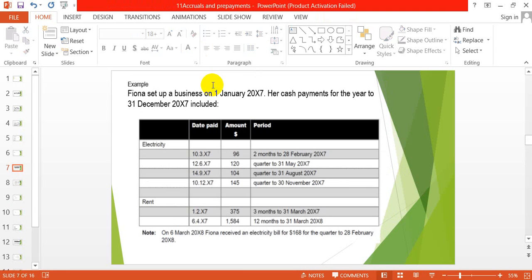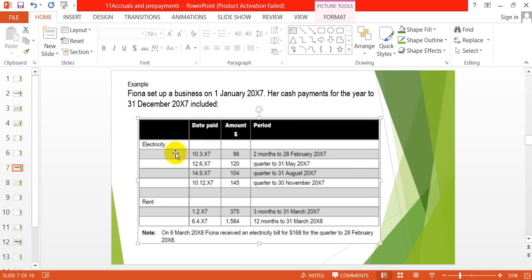So on 10th March, we paid $96,500 for 2 months to 28th February 20x7. 2 months to 28th February x7 will start from January x7, February x7.